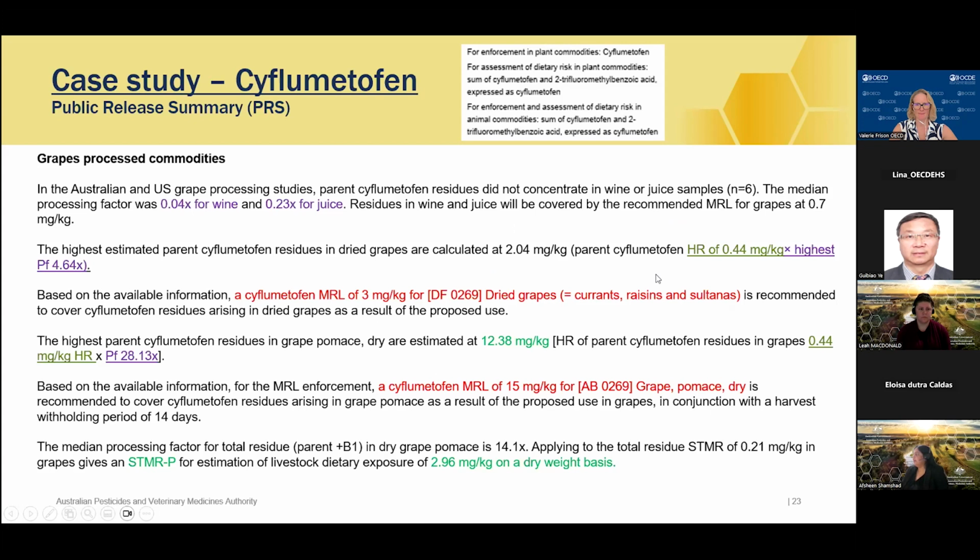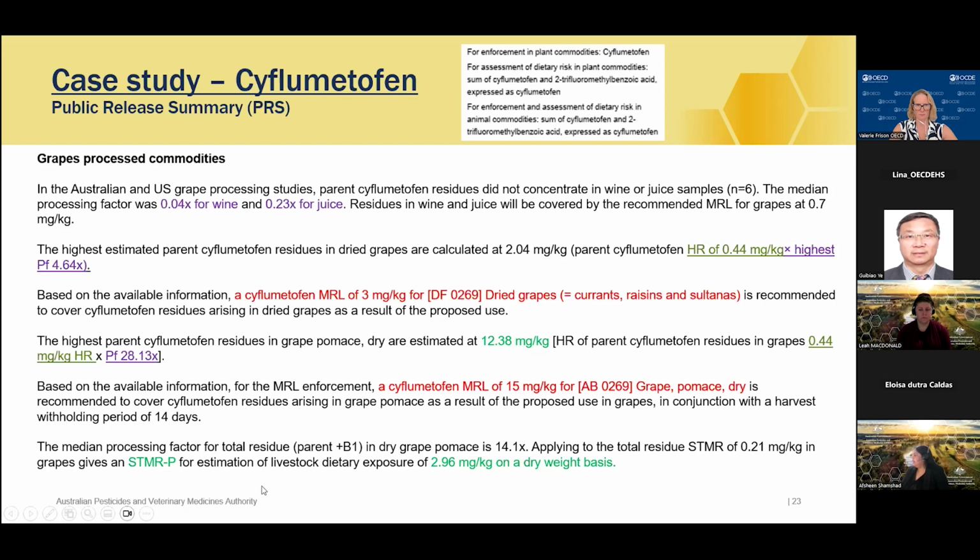So we use that one to recommend an MRL of 3 milligram per kilogram for dried grapes, which includes currants, raisins, and sultanas. This is an example of how we use the highest residue and STMR for establishment of MRLs.